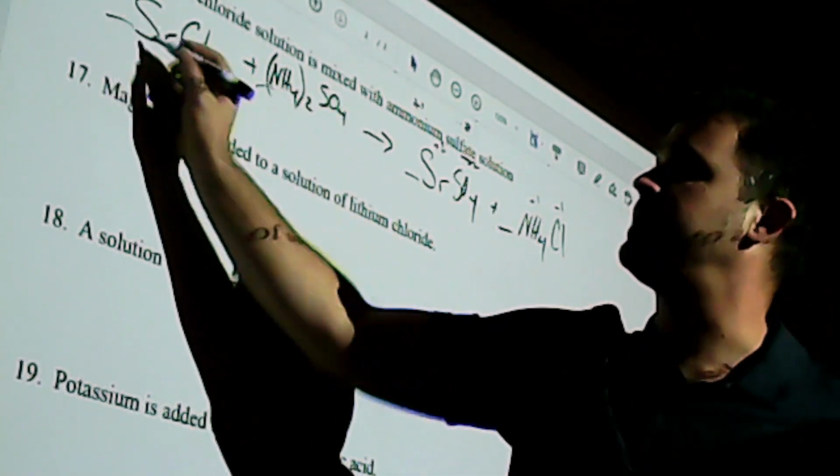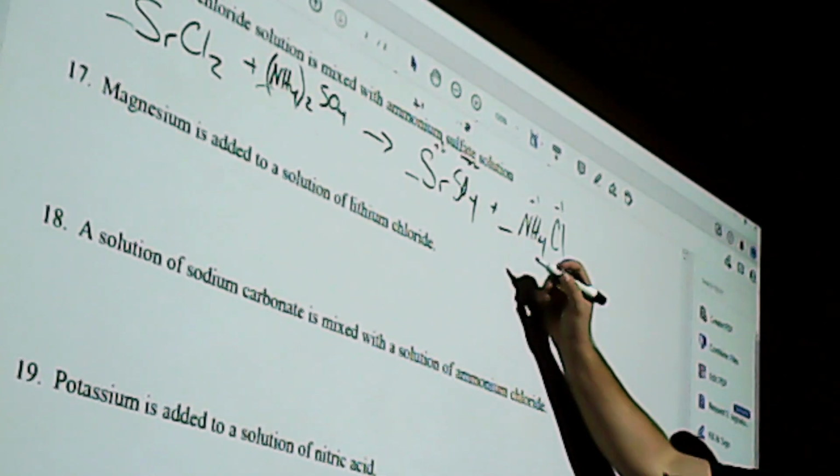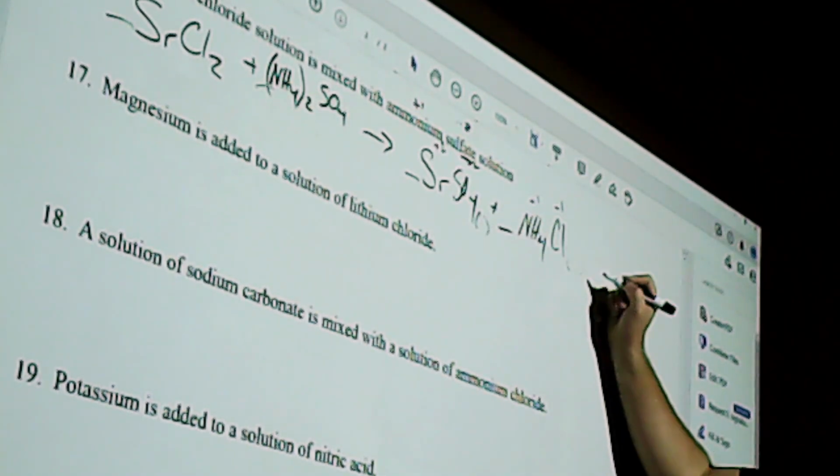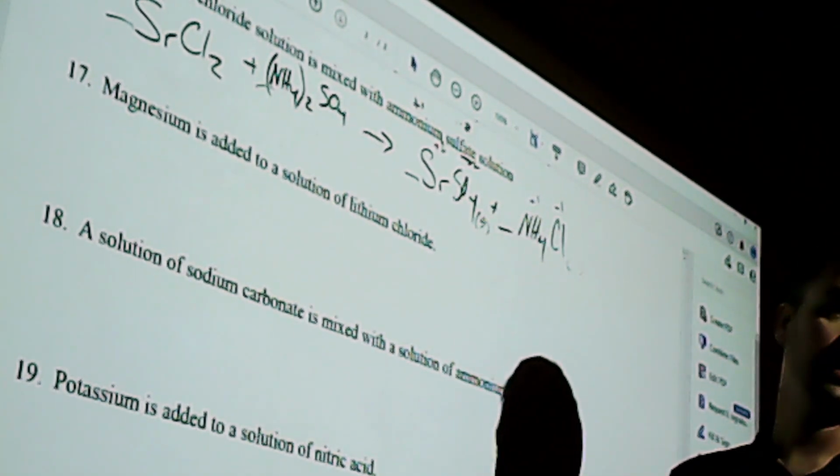From here, because it's double replacement, what should I look at? Your solubility chart. And you should have seen, do any of my products form solids? The first one forms a solid.